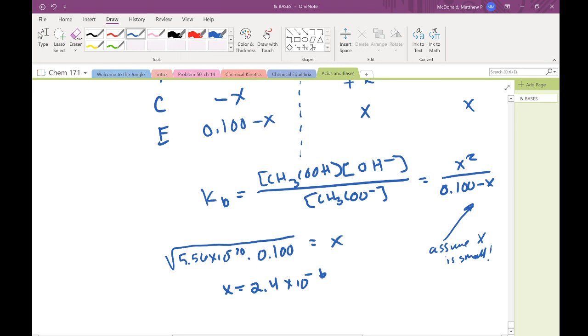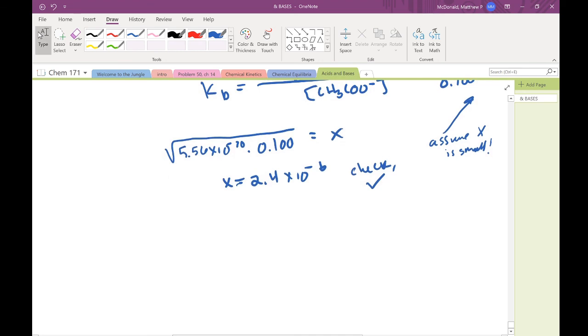Okay, 2.4 times 10 to the minus 6 versus 0.100. This is obviously less than 5%, so our check is successful. We have less than 5%, so our assumption is good. So that means that our OH minus concentration is equal to 2.4 times 10 to the minus 6 molar.